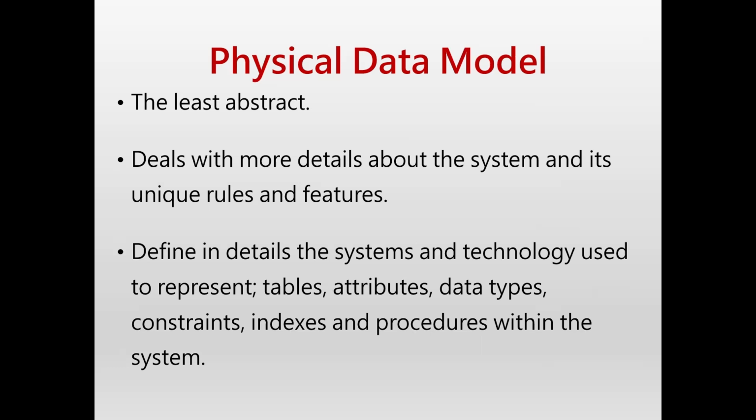Next, after we get this concept, we start to build the logical data model, which needs a little bit more details, but we still have abstraction, data abstraction. So in the logical data model, we will get tables and attributes and the relationships between them. After preparing the logical data model, we start to go deeper into the details to build our physical, actual data model, which is the least abstract of them, has the least data abstraction, has more details.